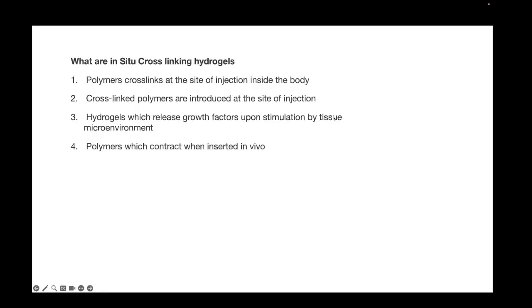It's basically a polymer and a cross-linker, two different solutions that are injected together, and based on some factor like temperature, pH, etc., they cross-link due to the changes in these factors and form a hydrogel inside the body when injected together.